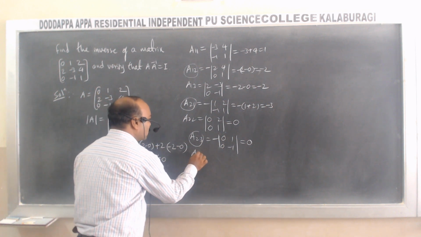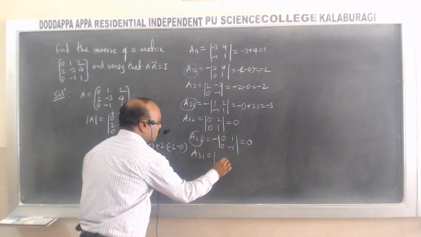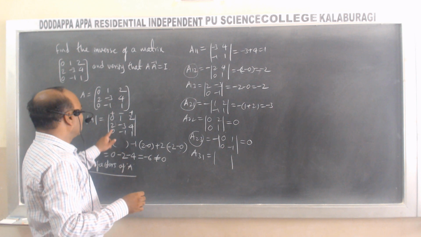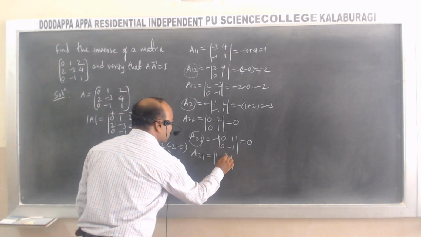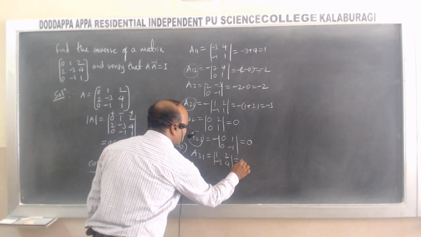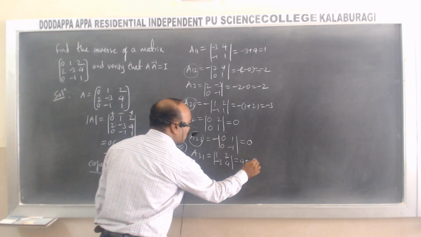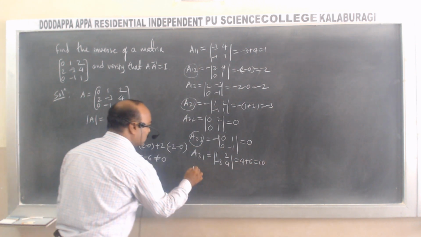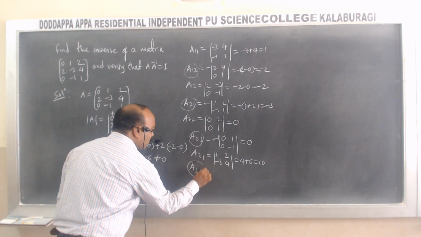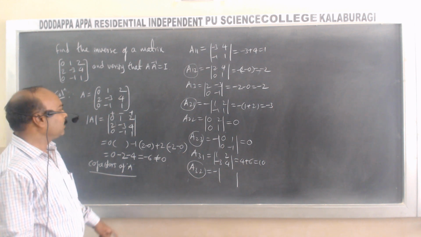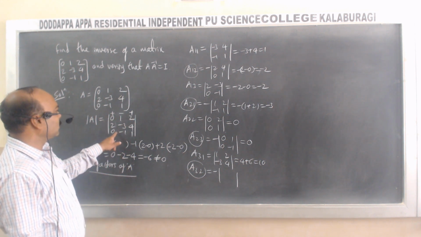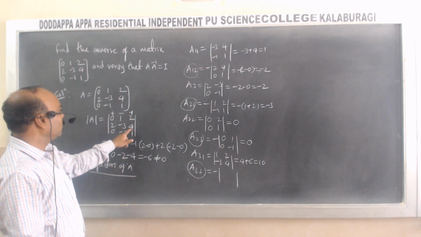Next we go for A31. It is the determinant of, deleting this column and this row, 1, 2, minus 3, 4. So it is 4 plus 6, it is 10. Next A32, again minus of the determinant because it is 3 plus 2, an odd number. Deleting this column and this row, we get 0, 2, 2, 4.